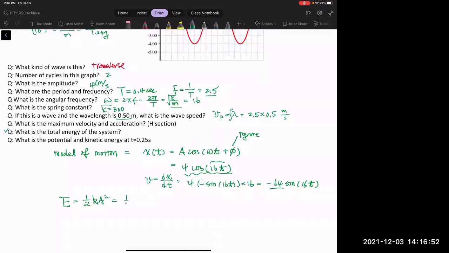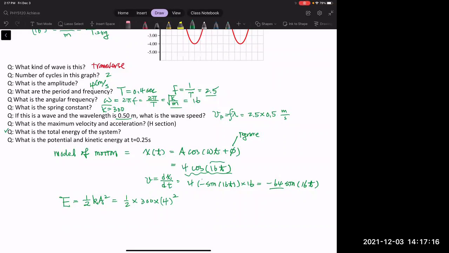So this is 1/2 of K, which is 300. A is the amplitude, which is 4. And that is the total energy of this system.